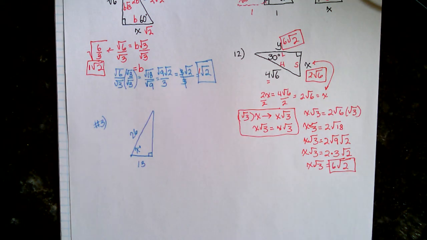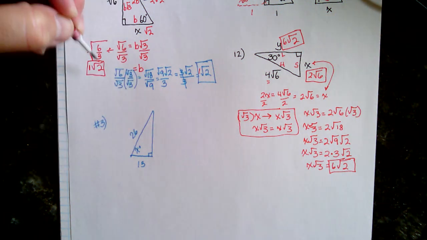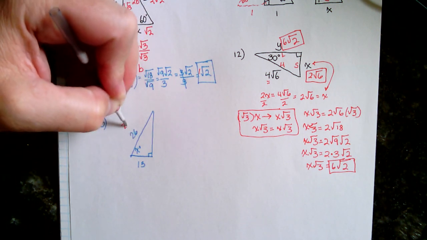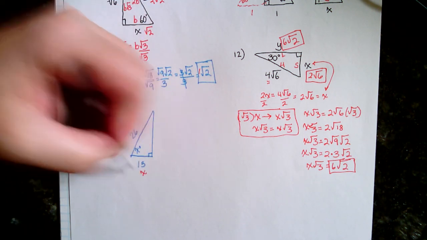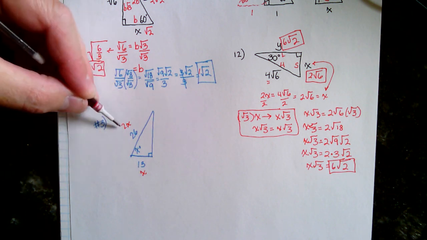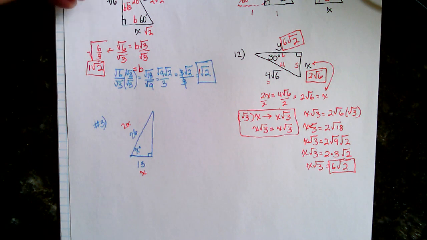Okay, this is from the first page, 30, 60, 90s, number 3, recent surge, because we have to find the angle. So that's 90. Remember, if you see a relationship of 1 to 2, in other words, this is half as much as this, or this is twice as much as that, you have a 30, 60, 90.